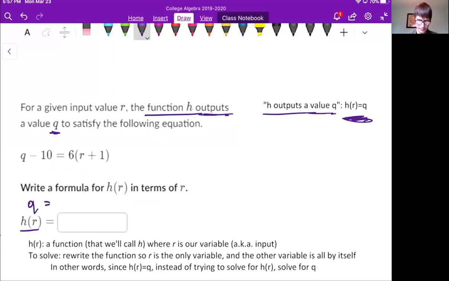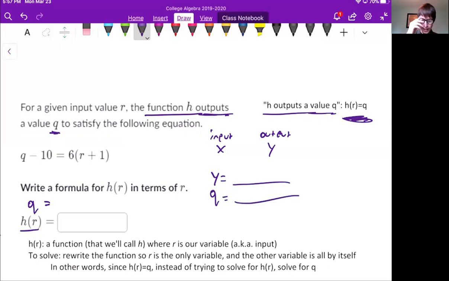Another way to put this is that q is the output, in the same way that when x is the input, y is the output. We know that when we write a function, we usually say y equals something, like when we're trying to graph it. If we know the output is q, then we'll find q equals something.